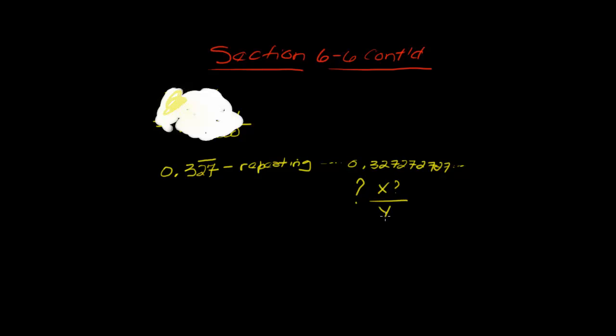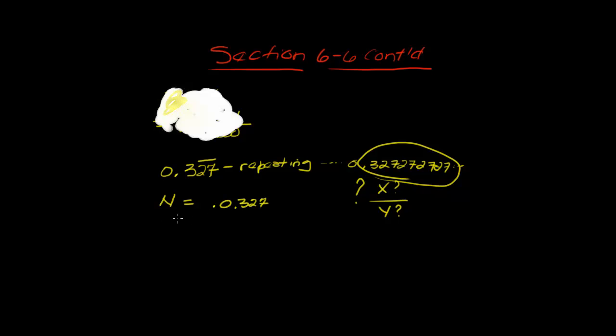What is this fraction that results in that repeating decimal? Here is the technique. We're going to create a number n, and n is determined by how many repeating decimals we have. So n is equal to 0.327.